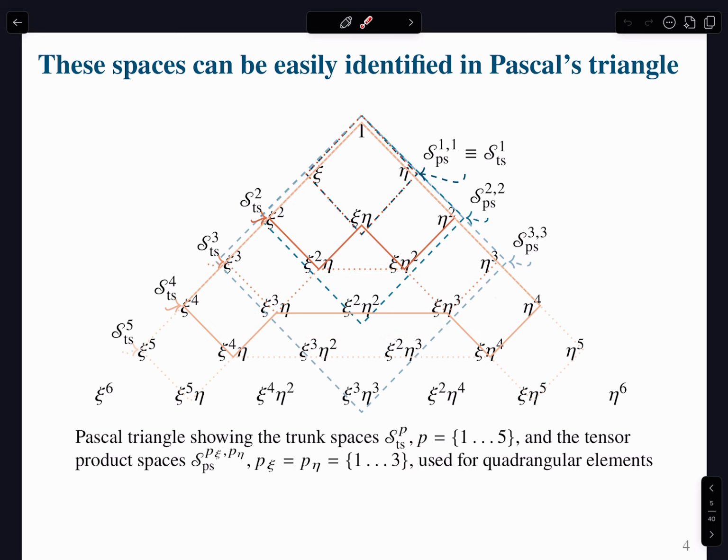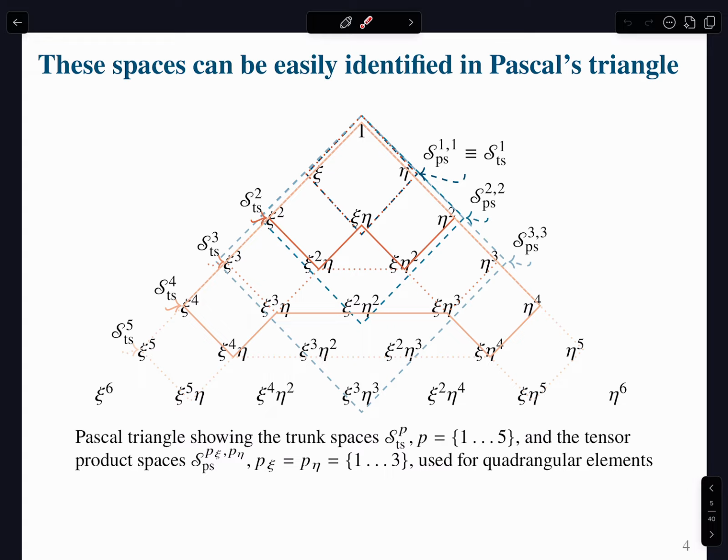So it's a different way to build your space. Now that we have these two spaces, the trunk space is chosen more often when you are dealing with p-FEM implementations. So when people normally go for the trunk space.